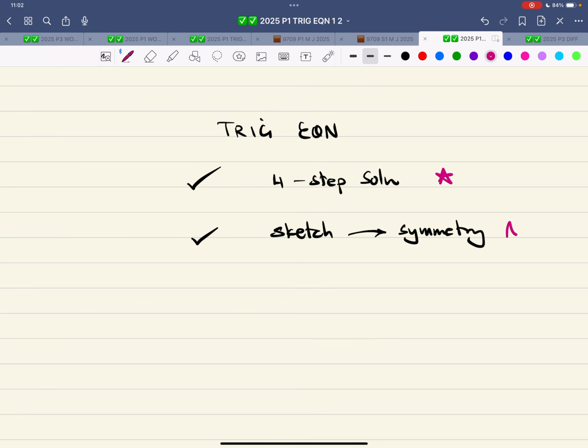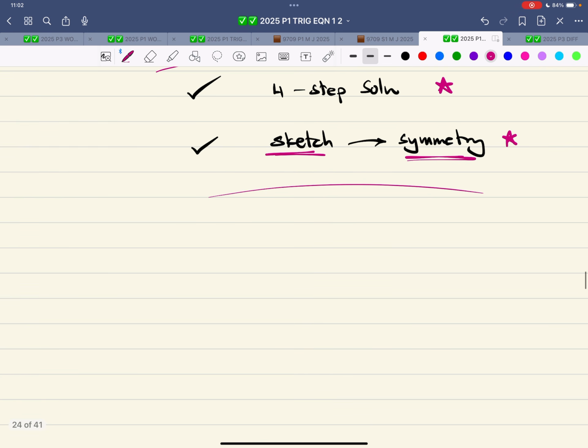So these two ways are two different ways of solving the same thing. Of course, the sketch and the symmetry will work for everything, but when we are dealing with integer value angles, it becomes very convenient. It's a matter of convenience.